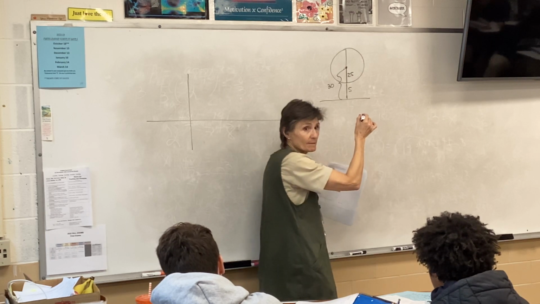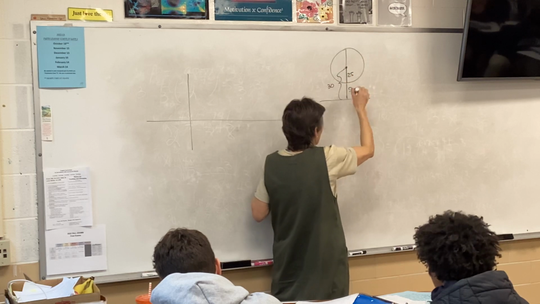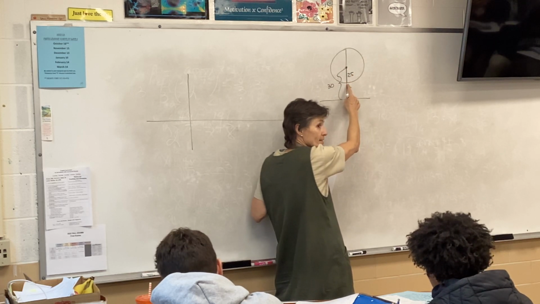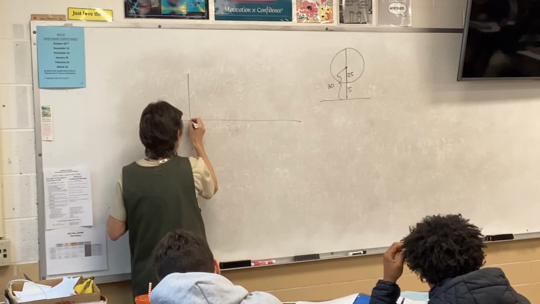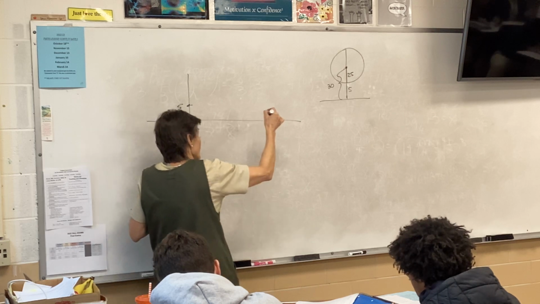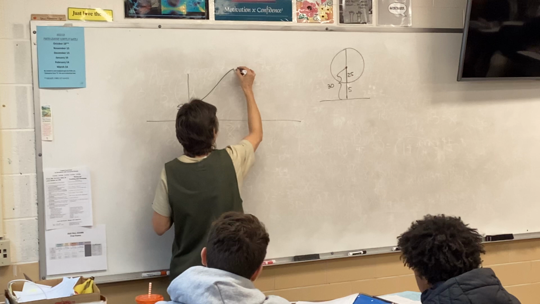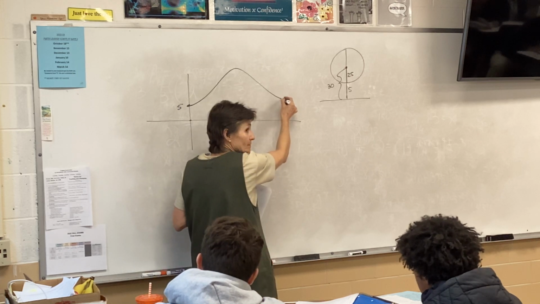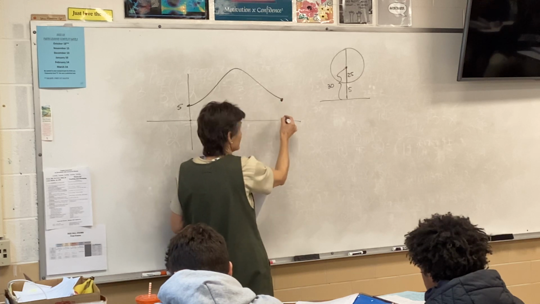Does that make sense? So if you're on the Ferris wheel, the lowest you get is 5. So when I get on the Ferris wheel right here, I'm at 5. And then the Ferris wheel starts going around. So I go up, and then don't I come back down again? And when I come back down, I'm also at 5.